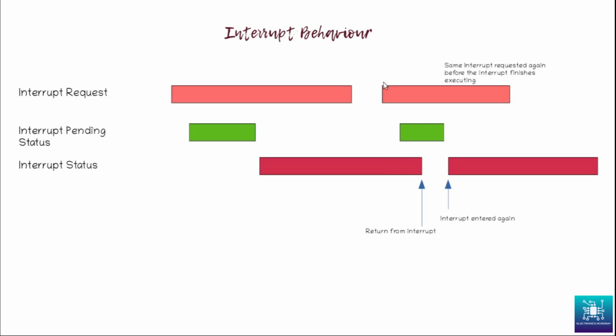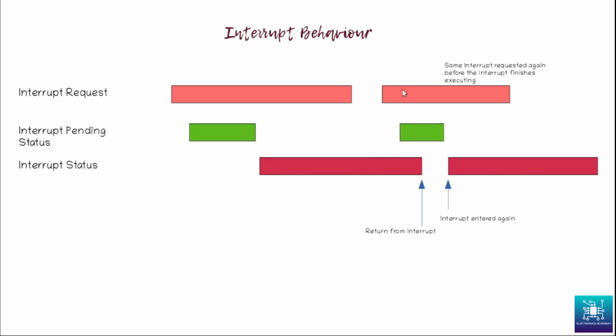The same interrupt is requested again, the same one. Okay, so what happens is, when it is requested again, the pending bit goes high. If you request the interrupt within the execution of the first interrupt, the same interrupt is going to get executed after the first run completes.